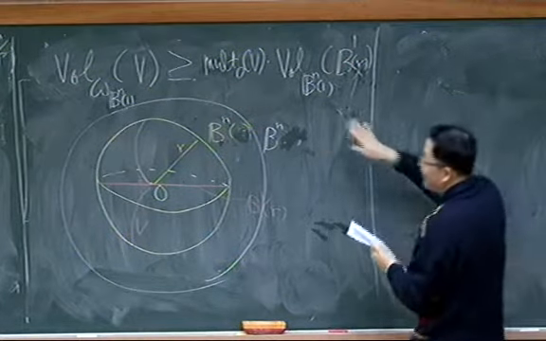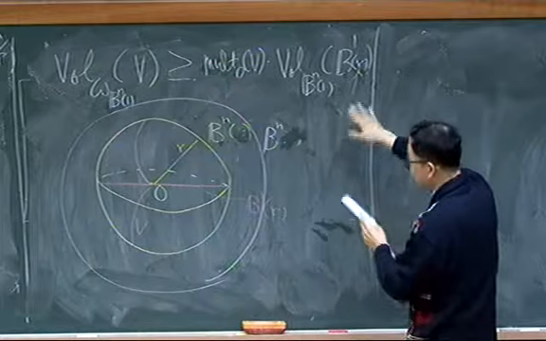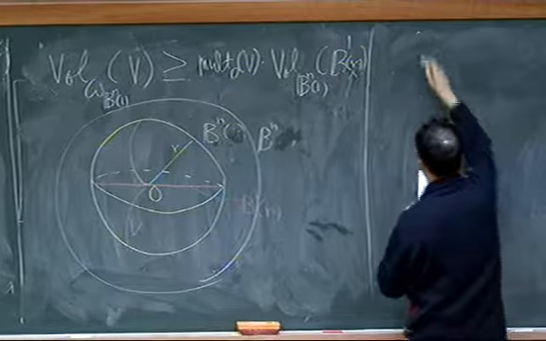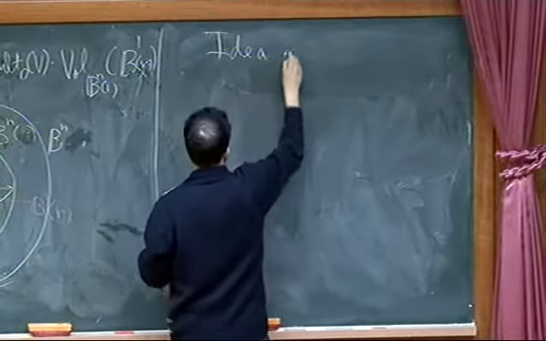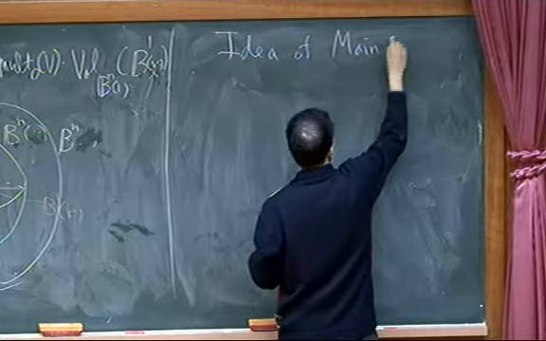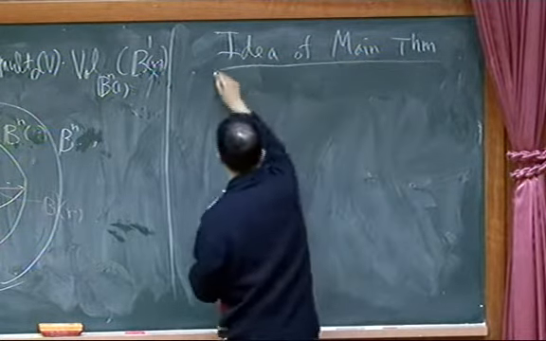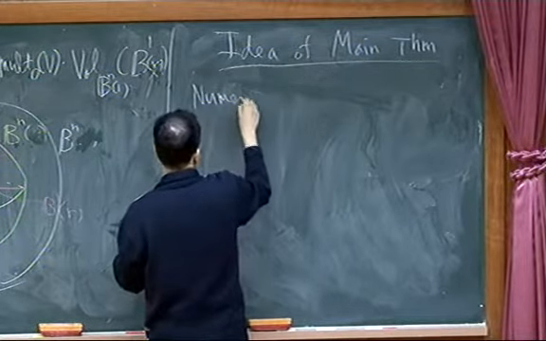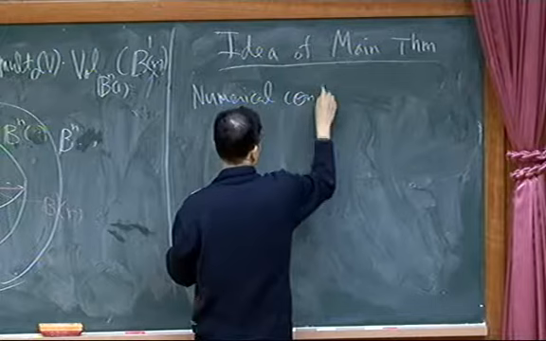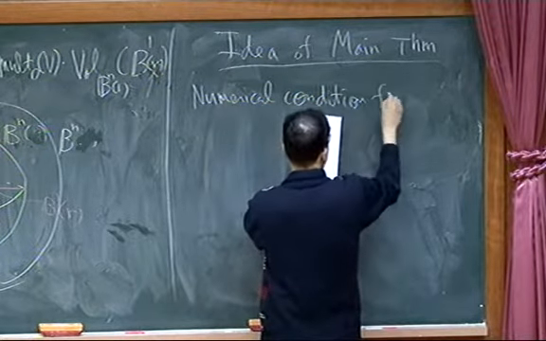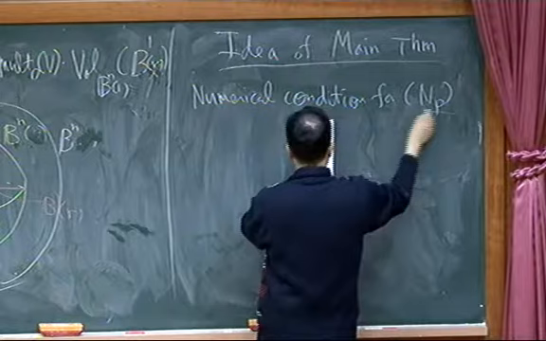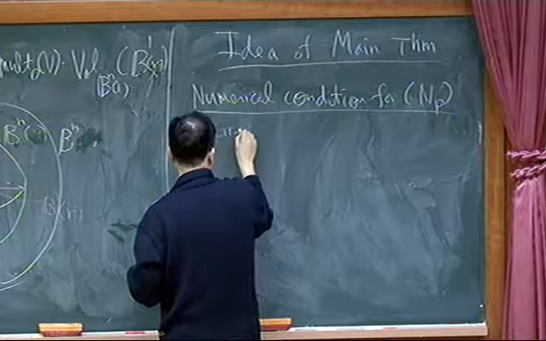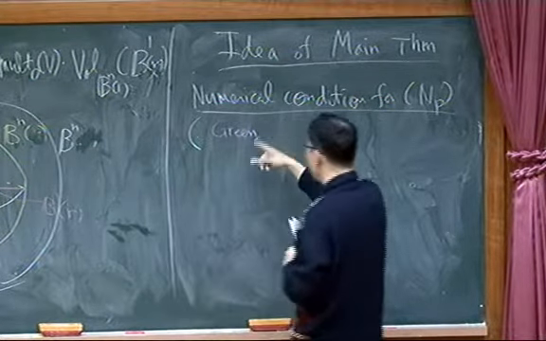Okay, so now to generalize this to a higher order, the main theorem about N_p needs a numerical condition for N_p. This is essentially due already to Mark Green, but he wrote a wrong formulation.